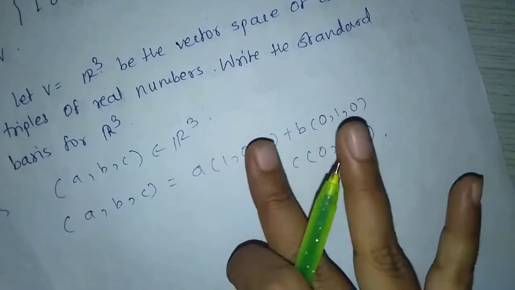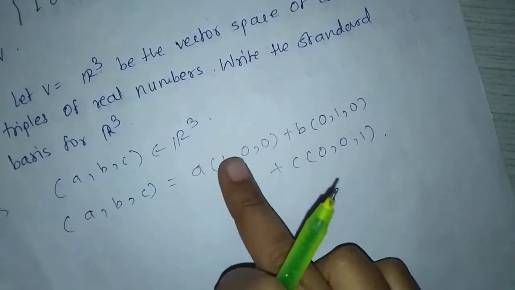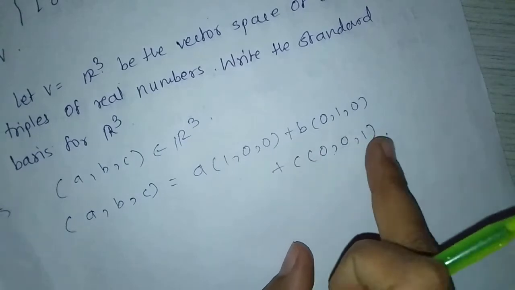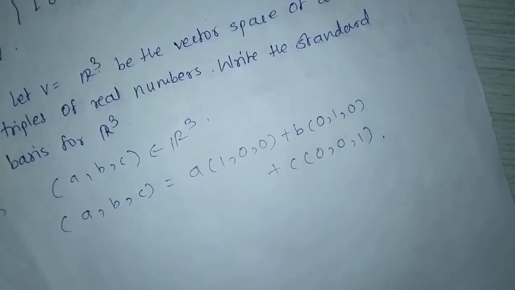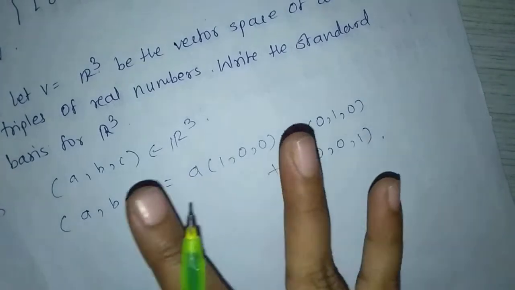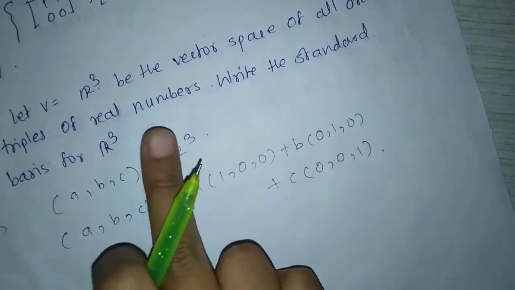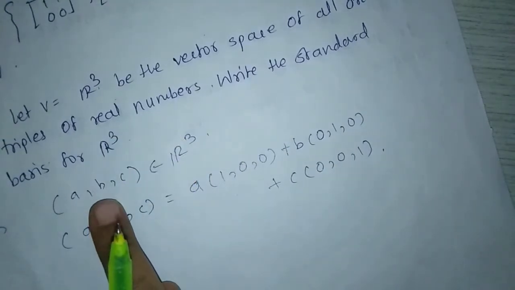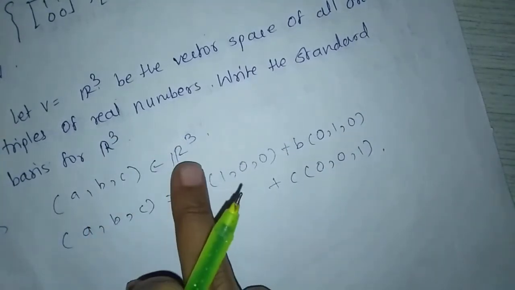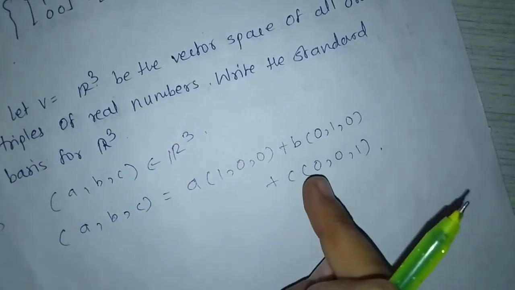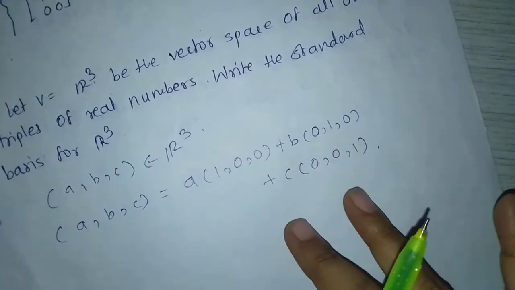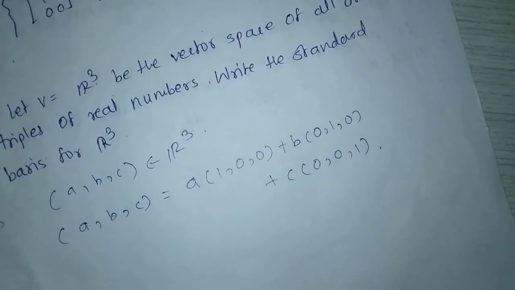And next check whether these three vectors are linearly independent or not. If we get linearly independent, then you can say that these three vectors are the standard basis for R3, because we took an arbitrary element from R3 and wrote it in the form of a linear combination of these three vectors.